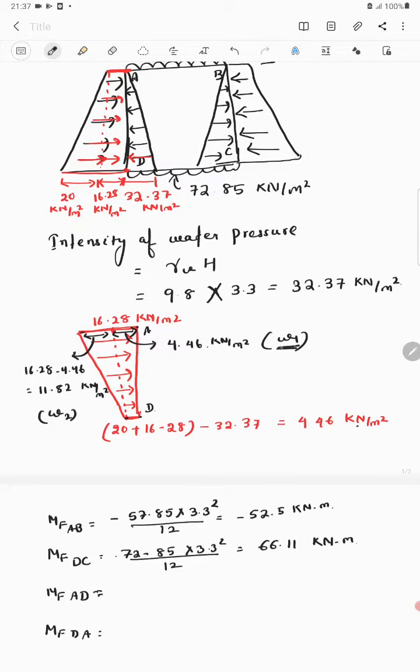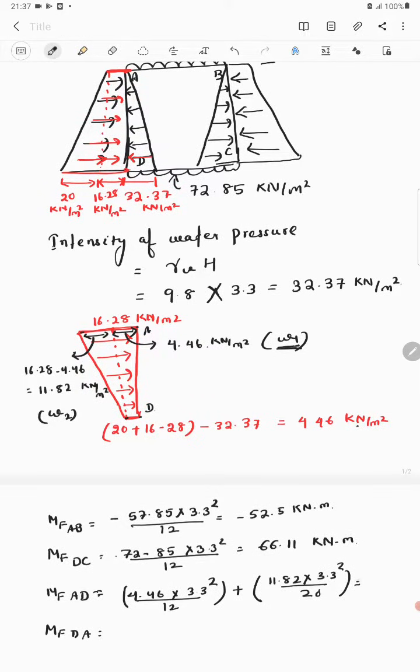Due to the first, it will be WL square by 12, that is 4.46 into 3.3 square divided by 12, plus for this type of load, it will be WL square by 20, that means W2 11.82 into L square by 20.